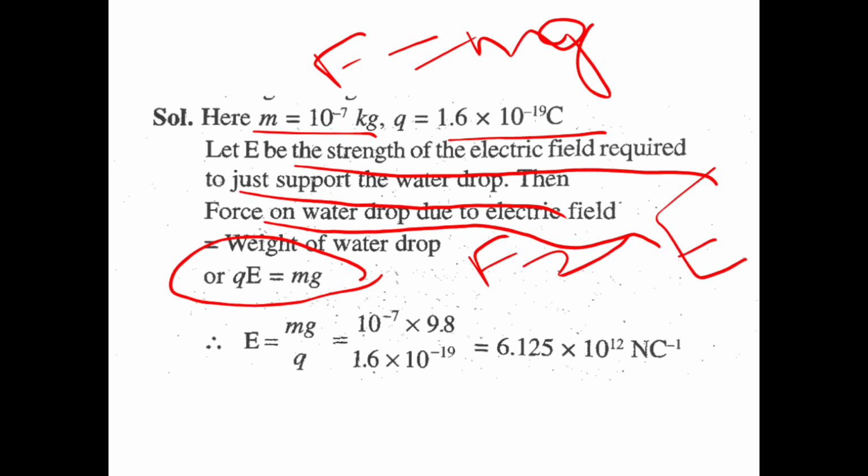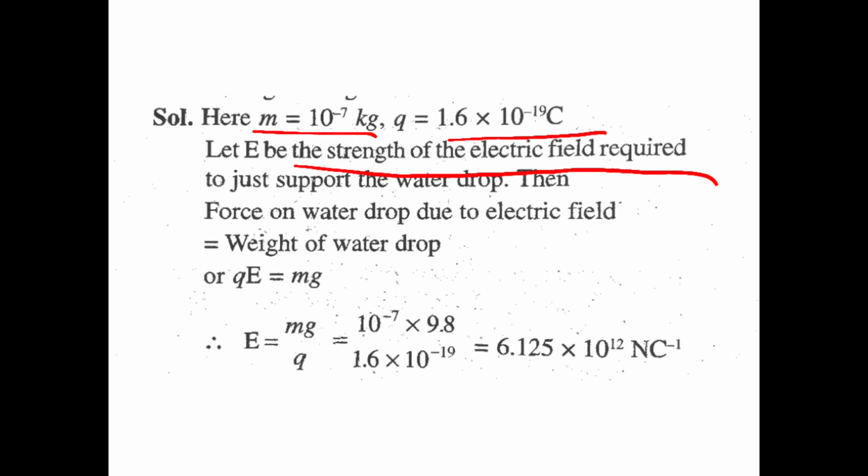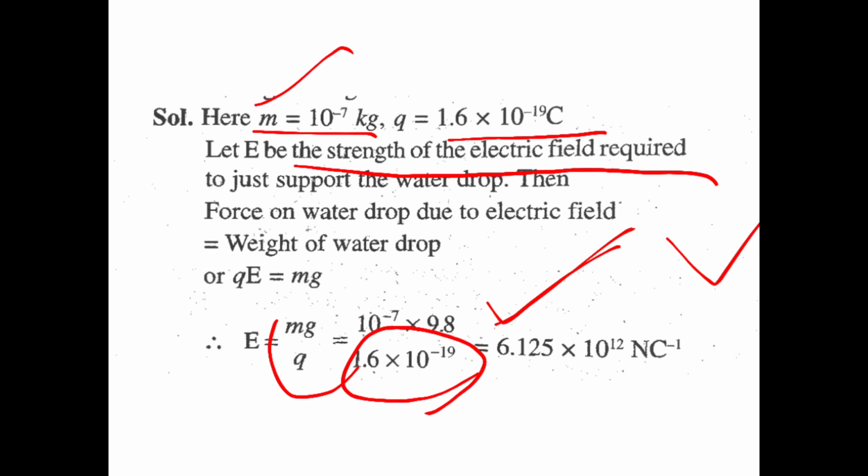Equating both, we get qE is equal to mg, and E is equal to mg by q. Mass is given, gravitational acceleration we know, and q is given also. So the answer is this.